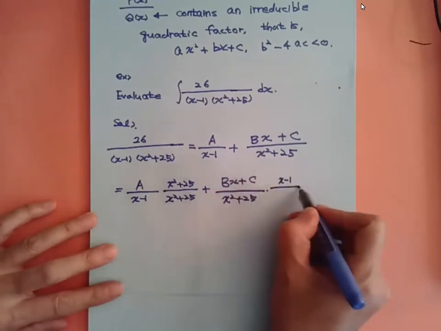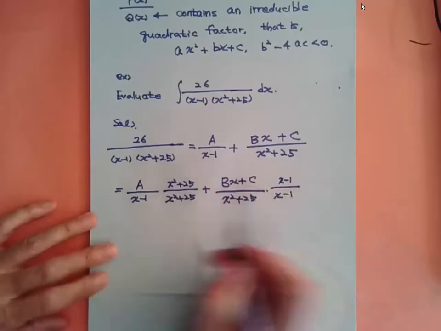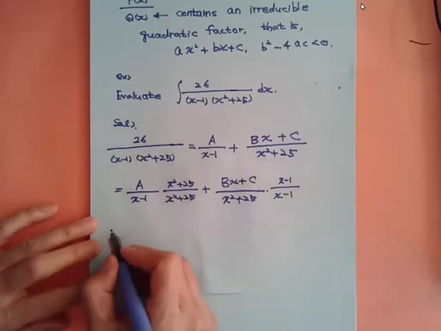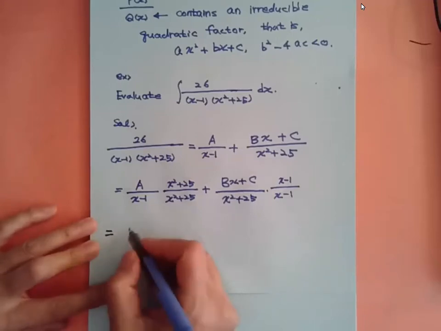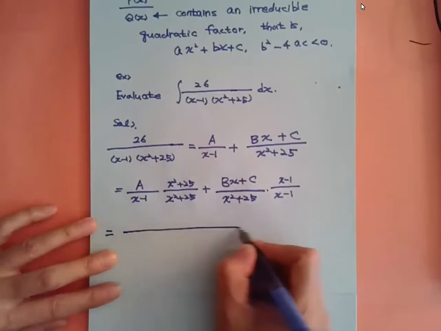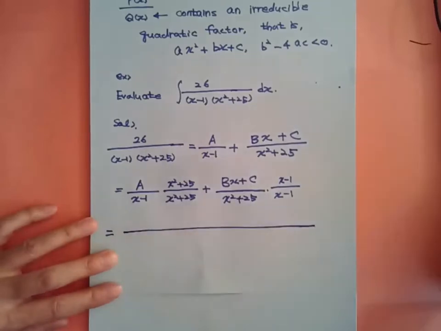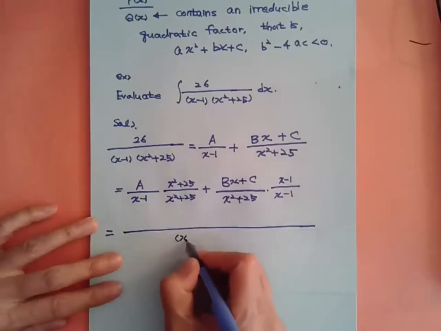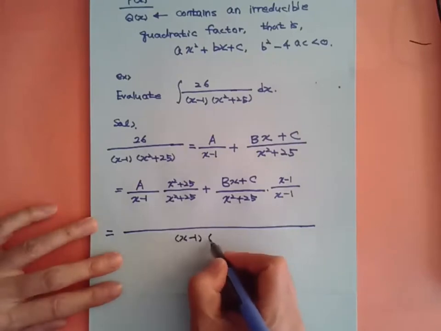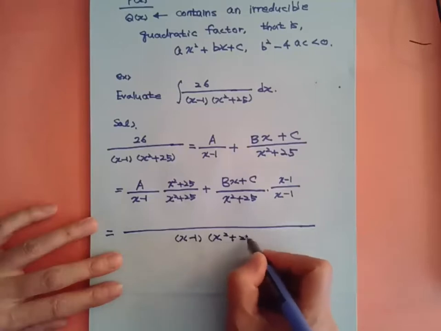So we multiply that to the numerator and denominator together, and we have the common denominator x minus 1 times x squared plus 25.